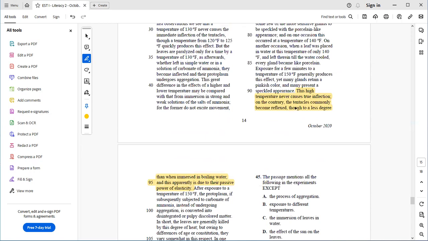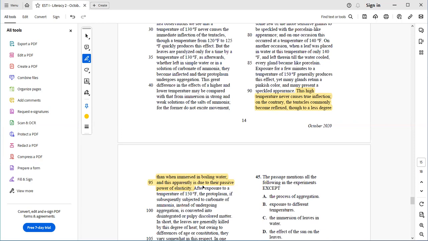So let's read. Take care, I told you sometimes you can take a sentence before, if there is this and a verb after it. But if he said this as an adjective, you're not going to take a sentence before. Here he said this high temperature, so he talked about high temperature. This high temperature never causes true inflection. On the contrary, the tentacles commonly become reflex, though to a less degree than when immersed in boiling water.